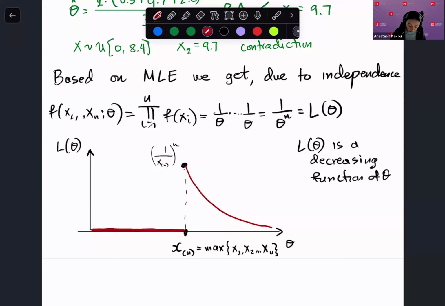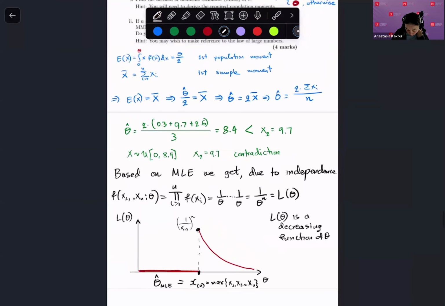So the maximum of this likelihood is achieved at the sample maximum, and so that will be the MLE estimator.